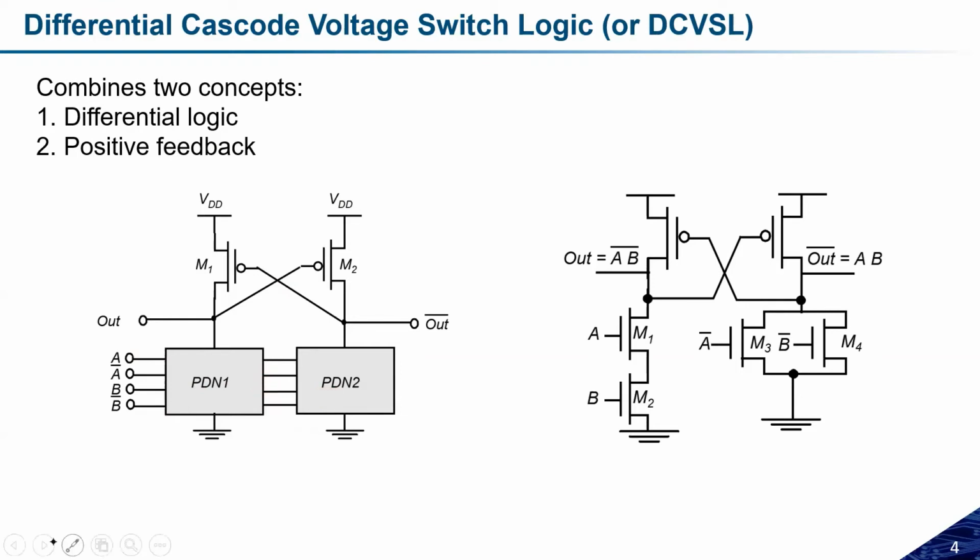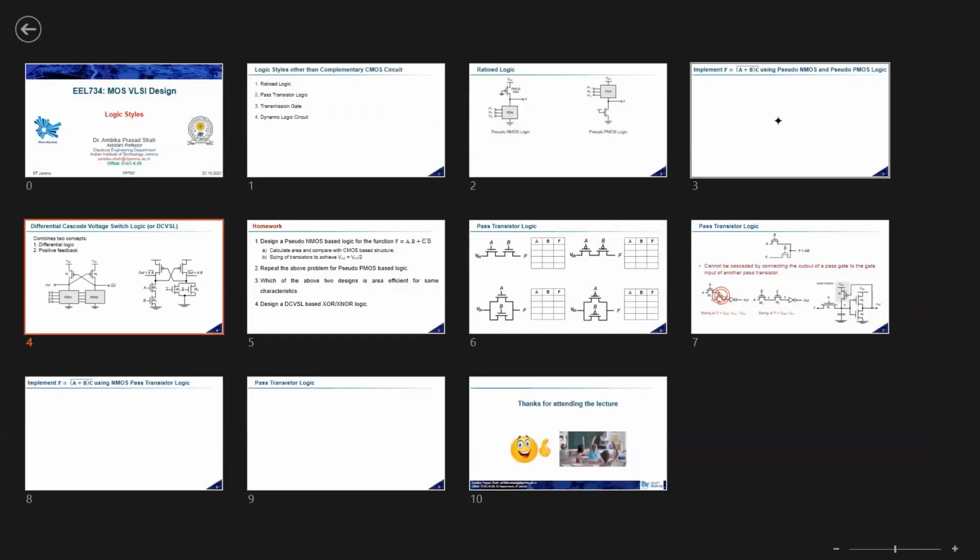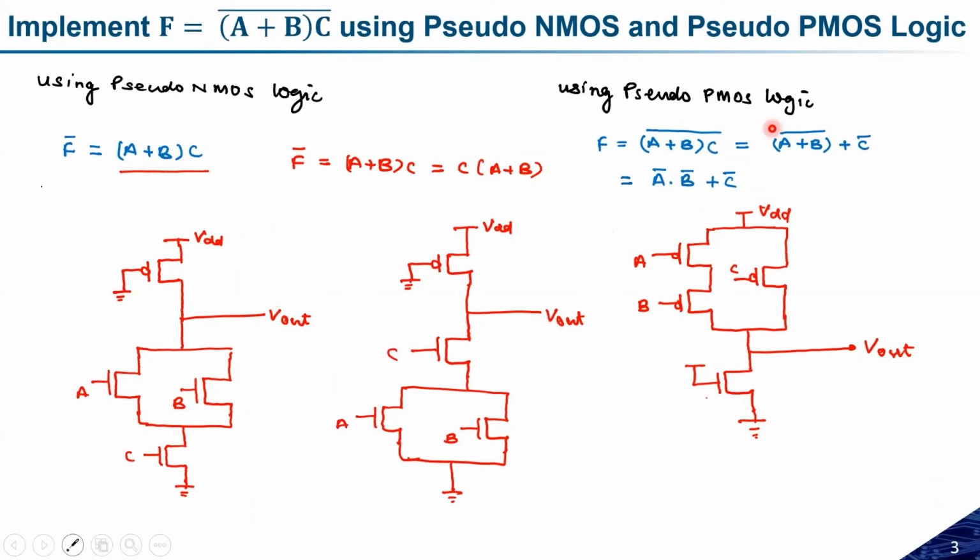Also, if you see in the previous case, in the first circuit the pull-up network is always on, and if the pull-down network is also on, then there is a threshold voltage swing problem, we cannot get the complete swing.